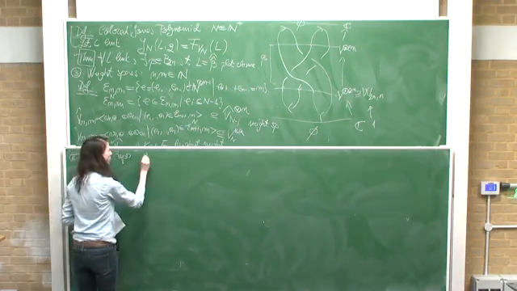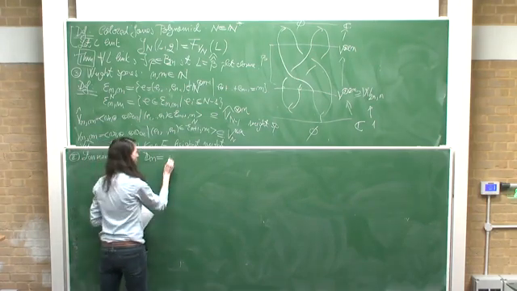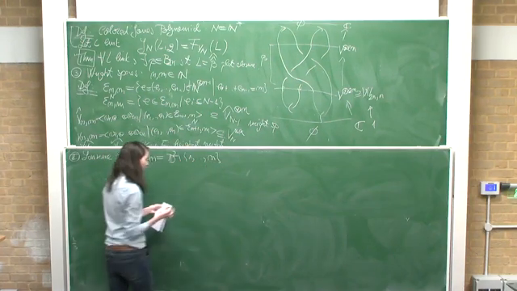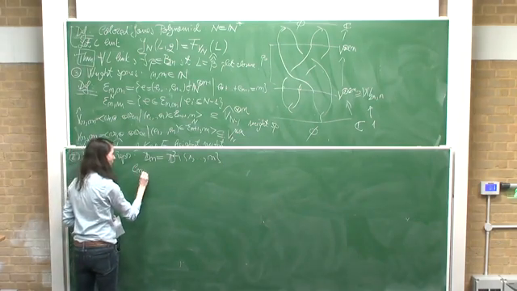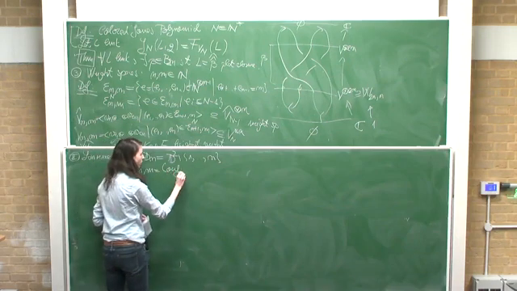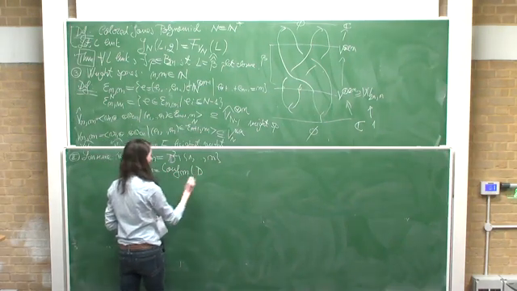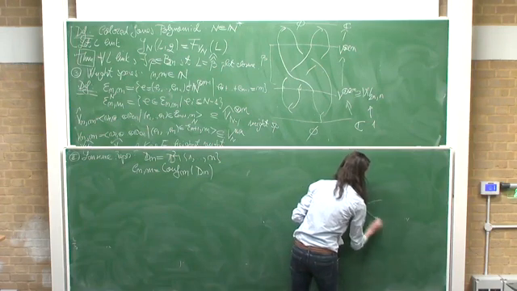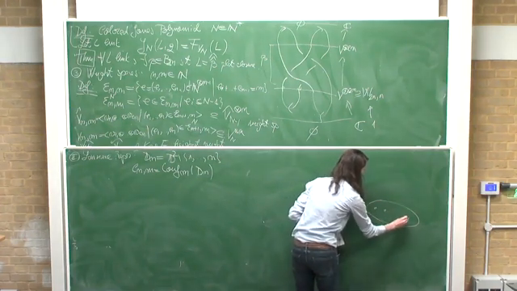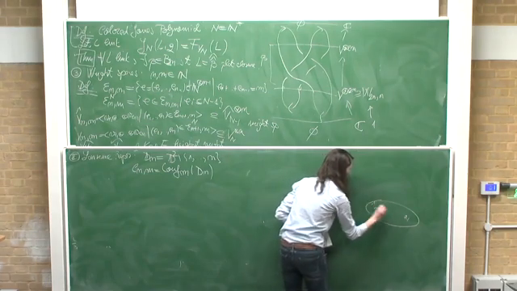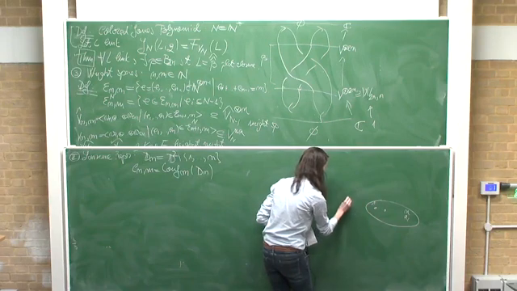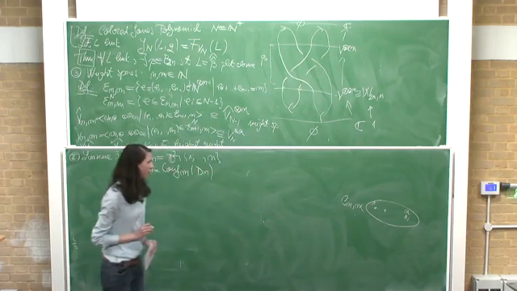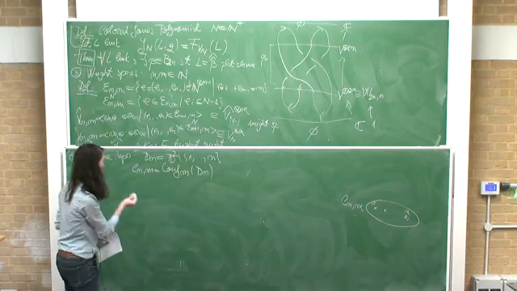We'll take D to be the disk minus n points, and we'll take C n m to be the configuration space of n points in D n. So puncture this, and this is C n m. And now we'll define a local system and take the covering corresponding to that local system.